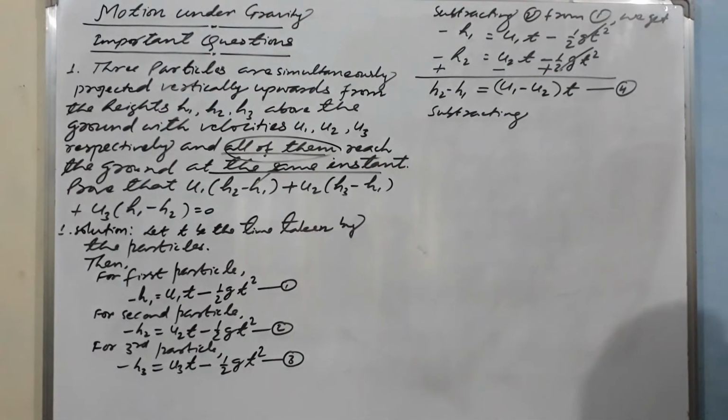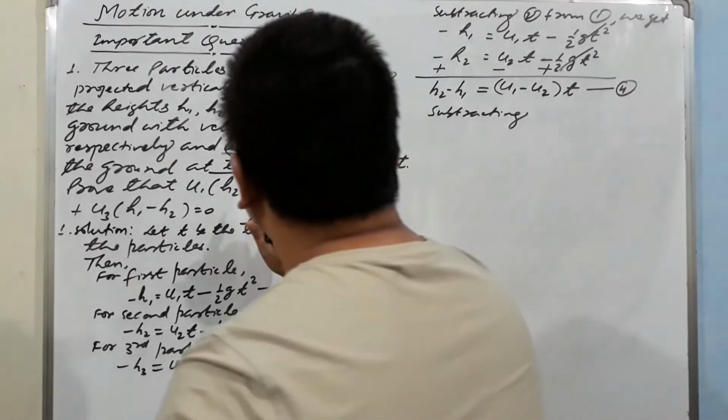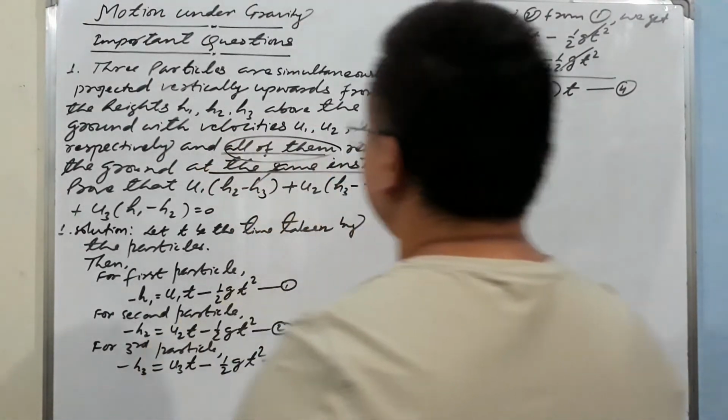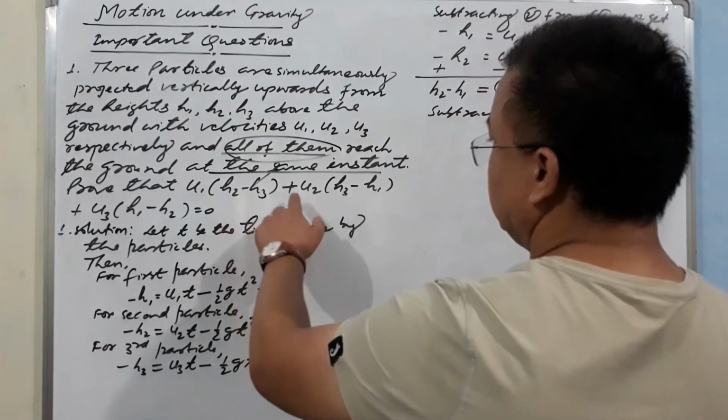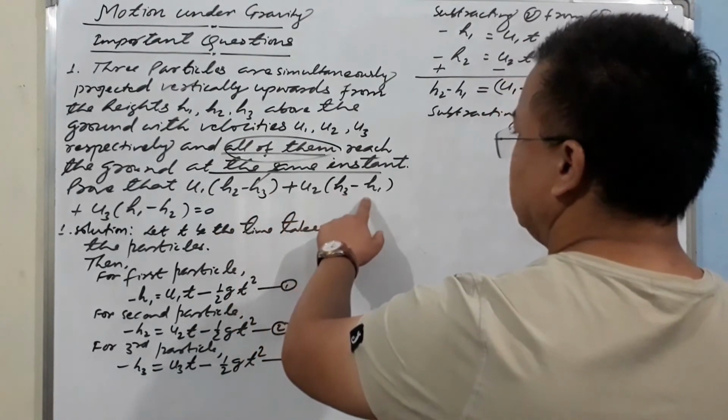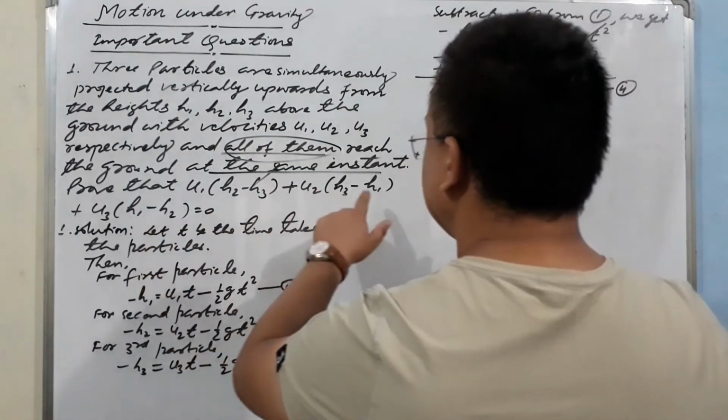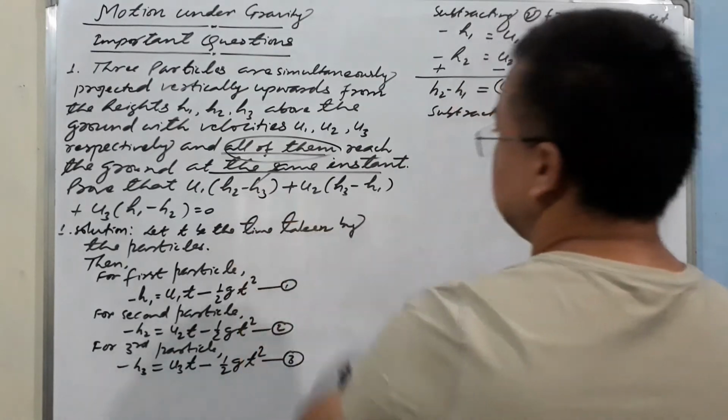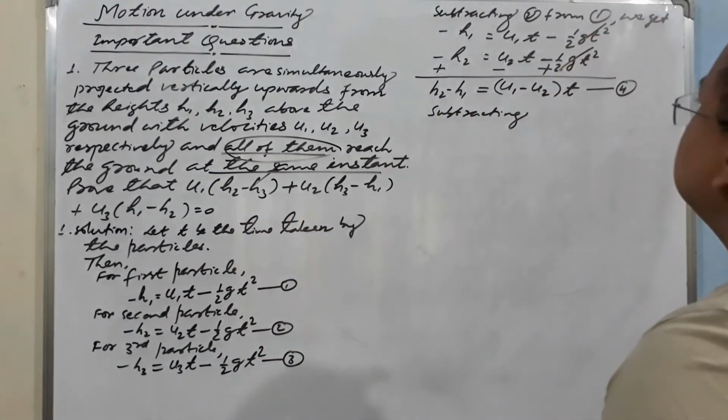This one is h2 minus h3 here, so some mistake. The sequence should be h1 minus h2, h2 minus h3, h3 minus h1.